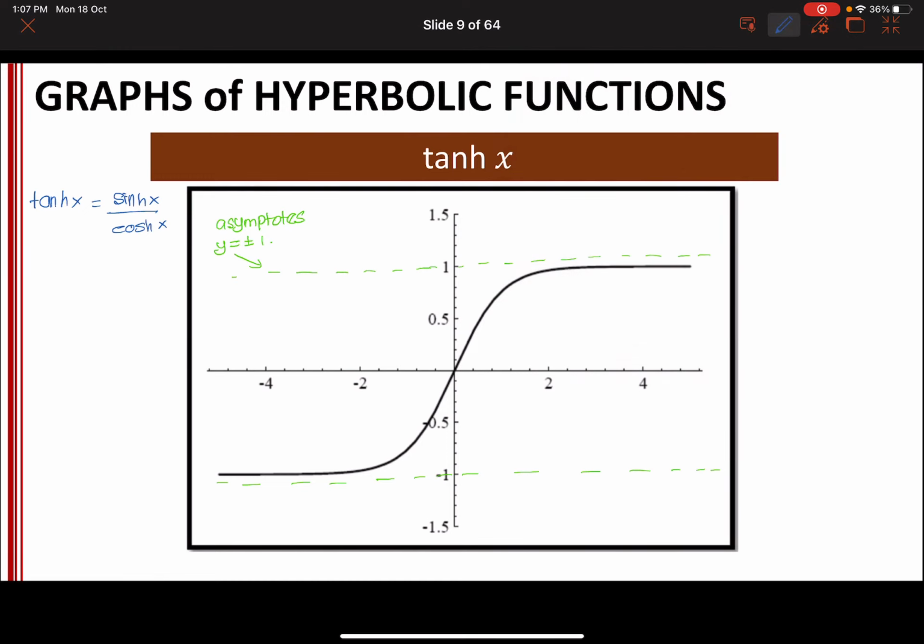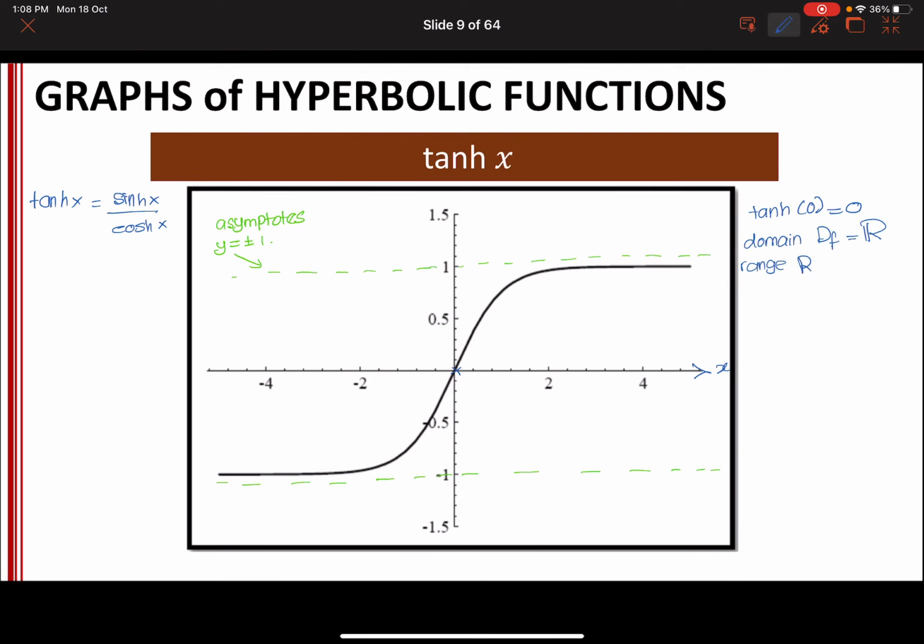Now let's take a look at the graph and see what we can get. We know that tanh of 0 is equal to 0. Now the domain D_f: you see your x can be from negative infinity to infinity, so it will be the real numbers. And then the range is limited by the asymptotes, negative 1 and 1.